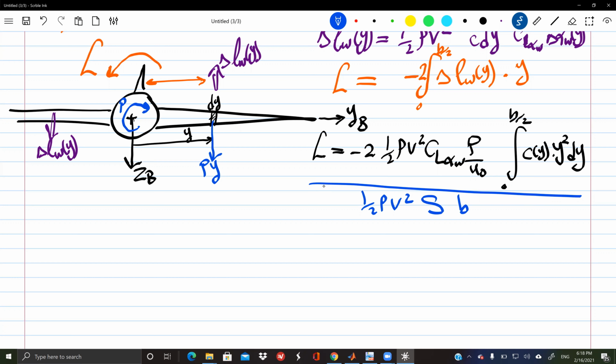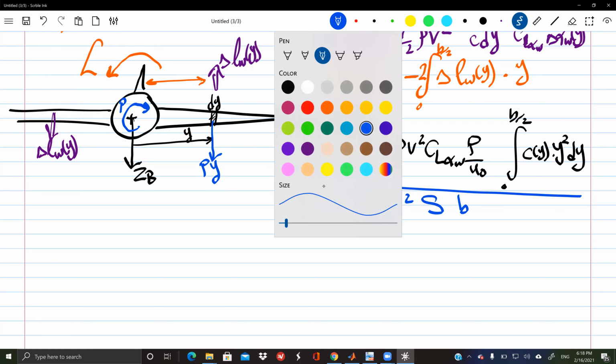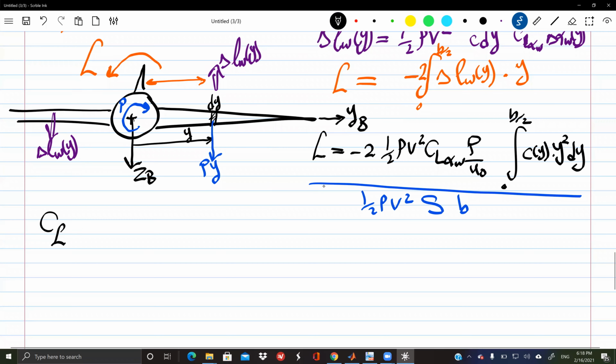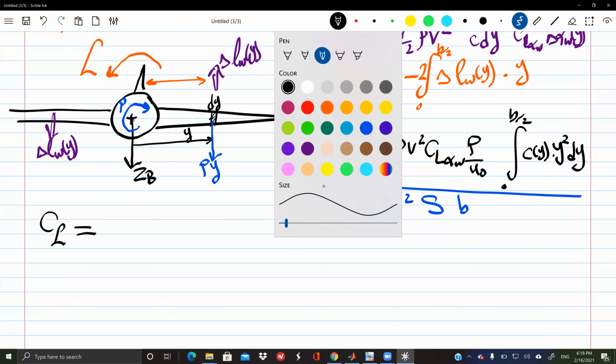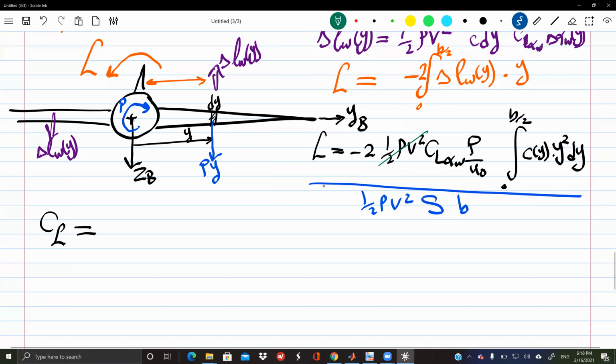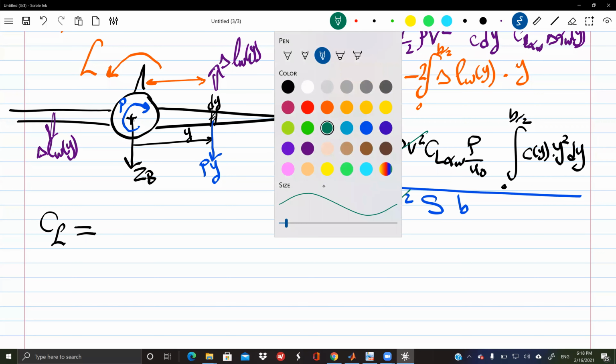Please remember that it's b, not c bar. When you do that, you get the roll moment coefficient from here. And here you see the 1/2 rho v squared cancels with the 1/2 rho v squared. So what do we have?